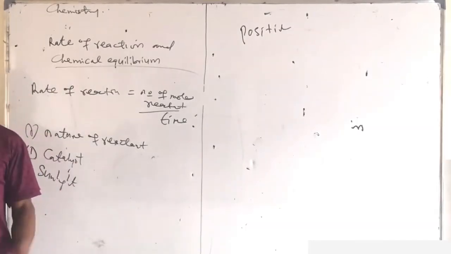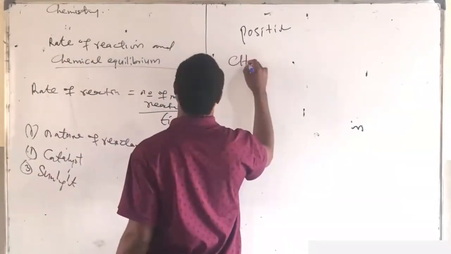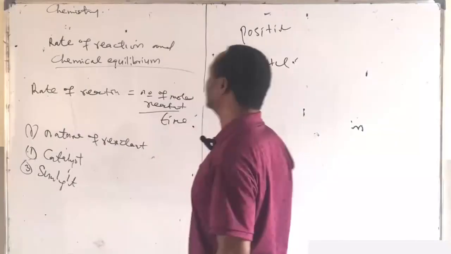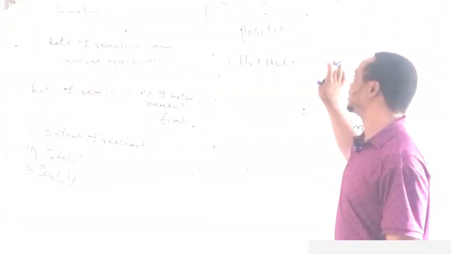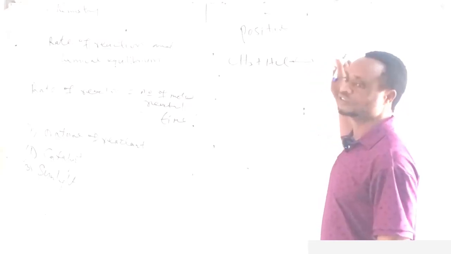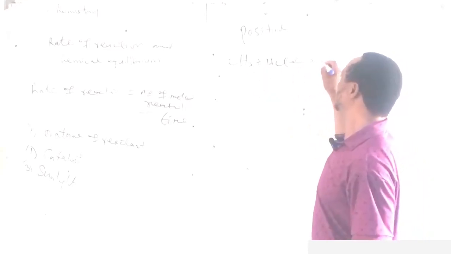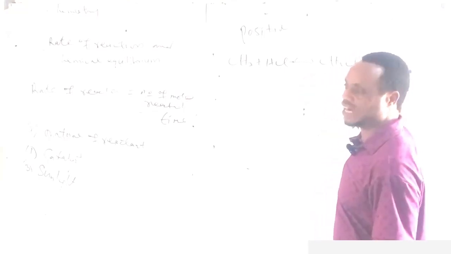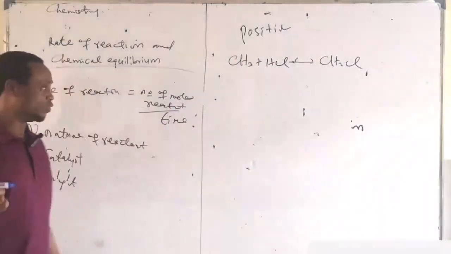Like if you want to react methane with chlorine, this reaction cannot occur at ordinary temperature unless in the presence of sunlight. You have CH3Cl, then CH2Cl2, and so on, until you get to tetrachloride. These are reactions that require light to take place.